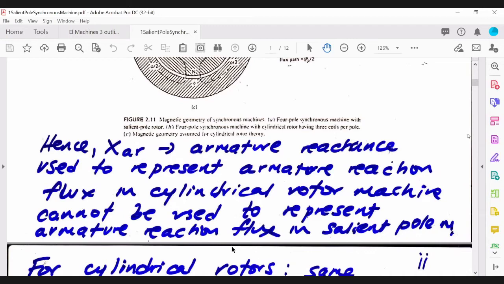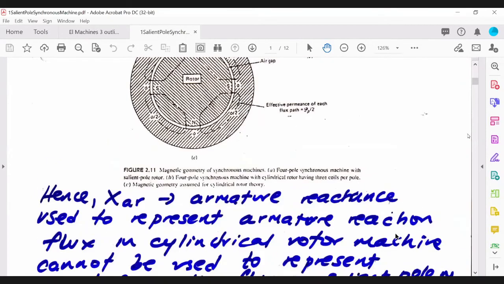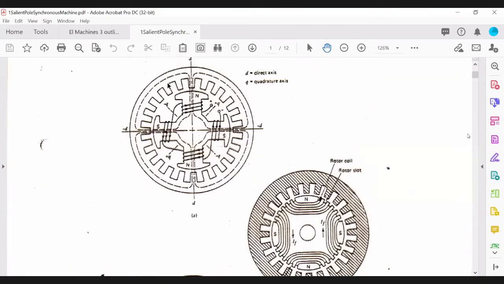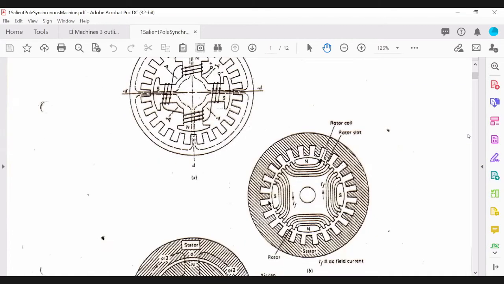So the armature reactance that is used to represent the armature reaction flux in a cylindrical rotor machine cannot be used to represent the armature reaction flux in a salient pole machine, okay? Because their structure is different. Obviously, the flux distribution in the air gap is different for a cylindrical rotor and a salient pole rotor, okay?